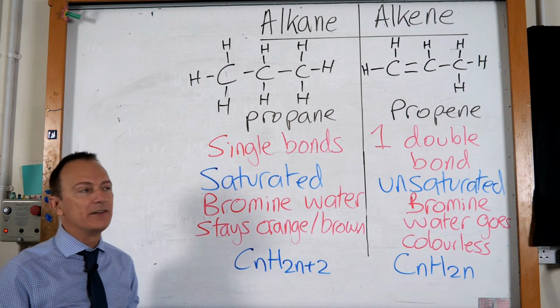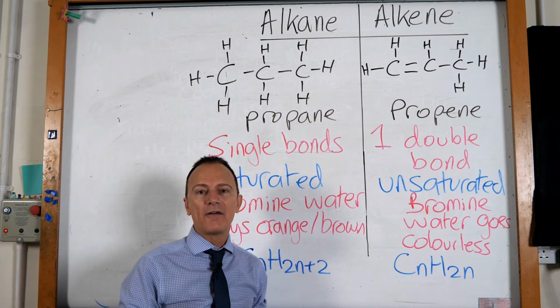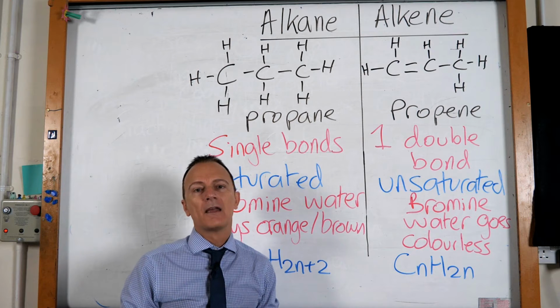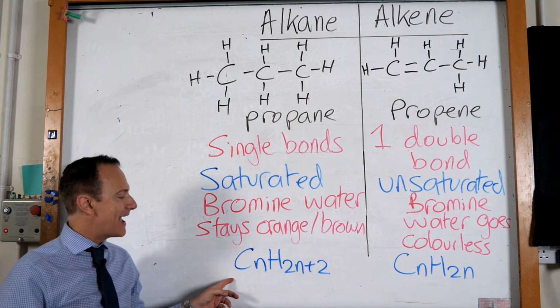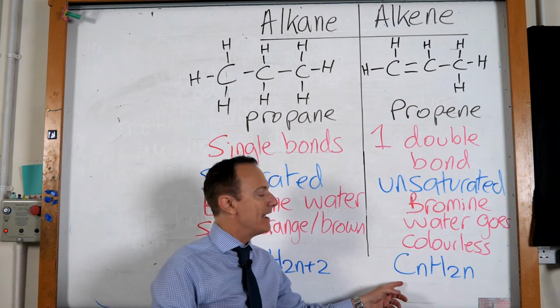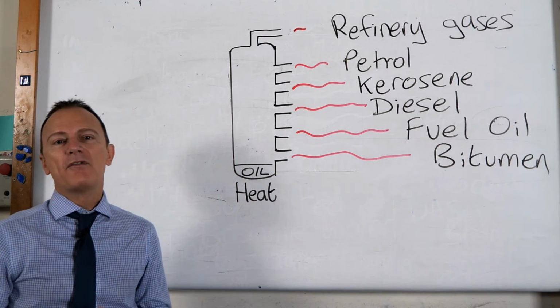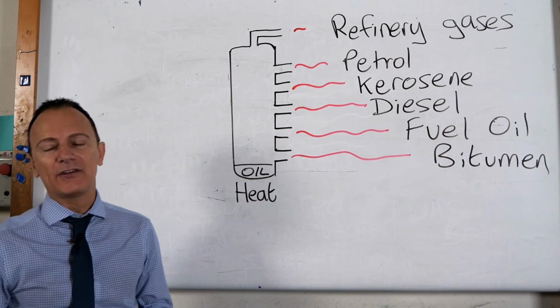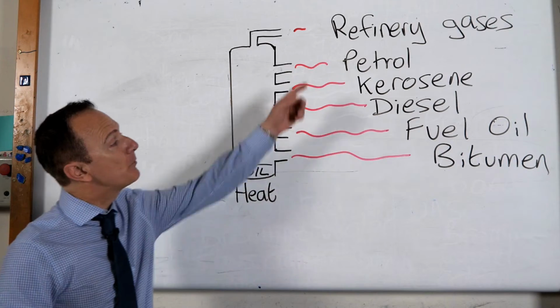It would stay orangey brown. Whereas the alkene changes the bromine water from orangey brown to colourless. When we look at the general formulas for an alkane, it's CnH2n+2, whereas for an alkene, it's simply CnH2n.